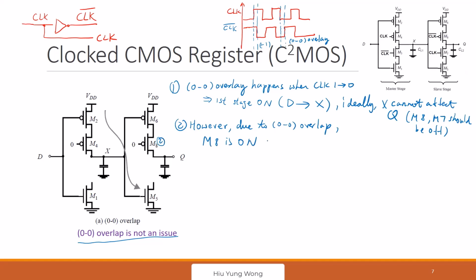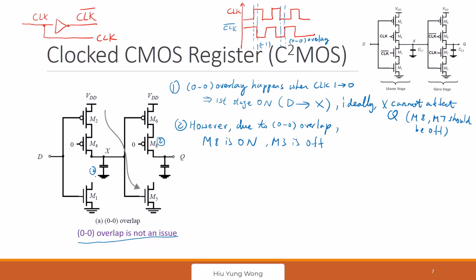And also M3 is off. You see that, right? Ideally, we turn on M4 and M3 now and turn off M8 and M7. But because of 0-0 overlap, the clock bar is still 0 at this time. So M8 is on, but M3 is off.